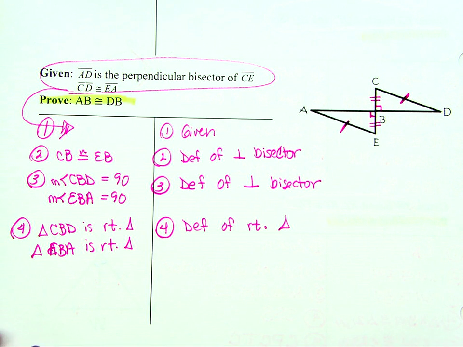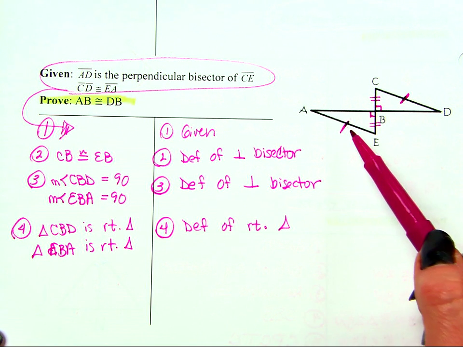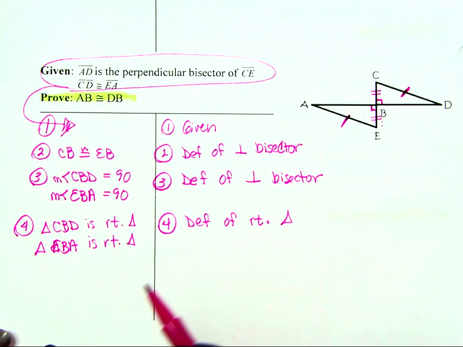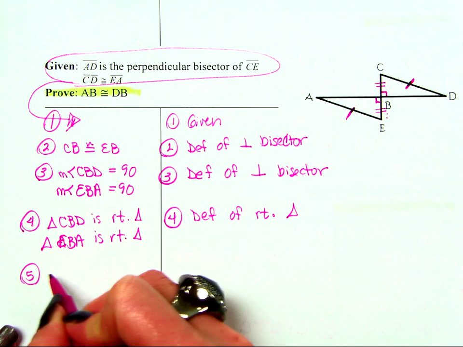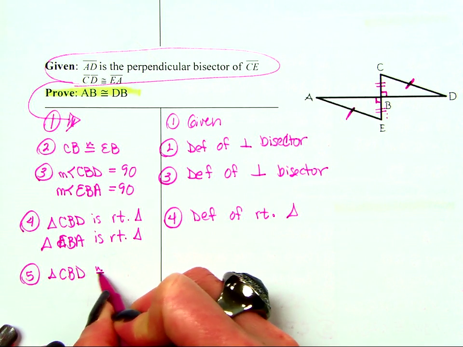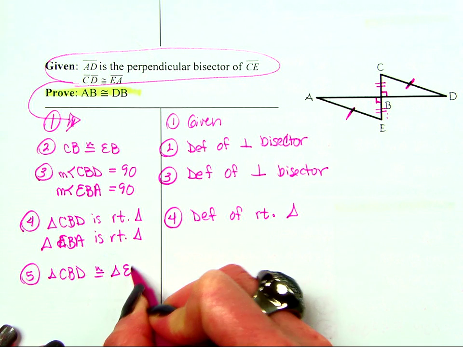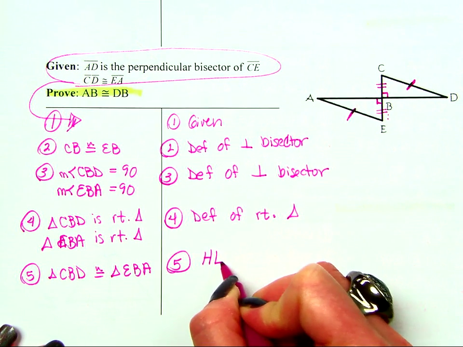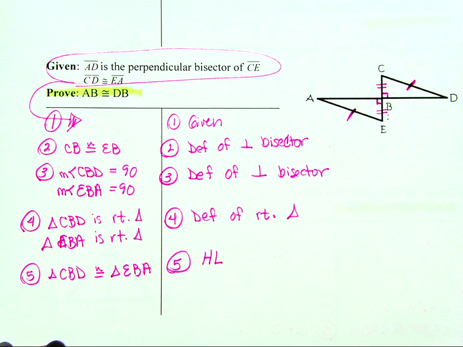Well, with my right triangle here, I see I have congruent hypotenuse and I have congruent leg. And so I have actually shown that my triangles are congruent. Triangle CBD must be congruent to triangle EBA because we have shown the HL shortcut, or the hypotenuse leg.